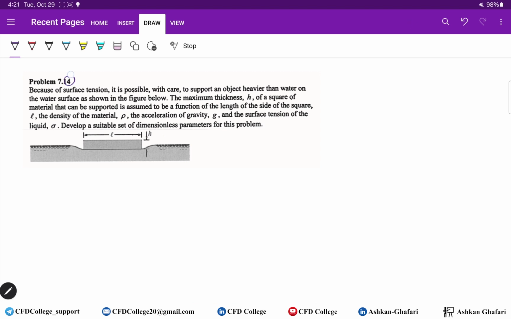Now let's solve the second one. Problem number 14. Because of surface tension, it is possible with care to support an object heavier than water on the water surface.